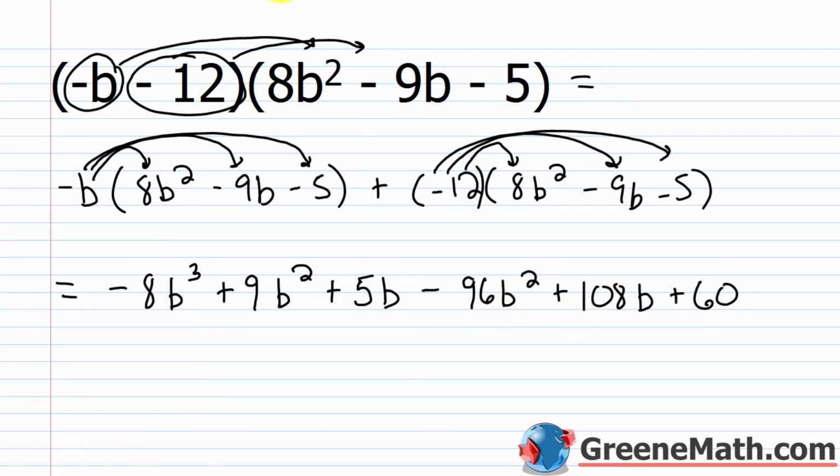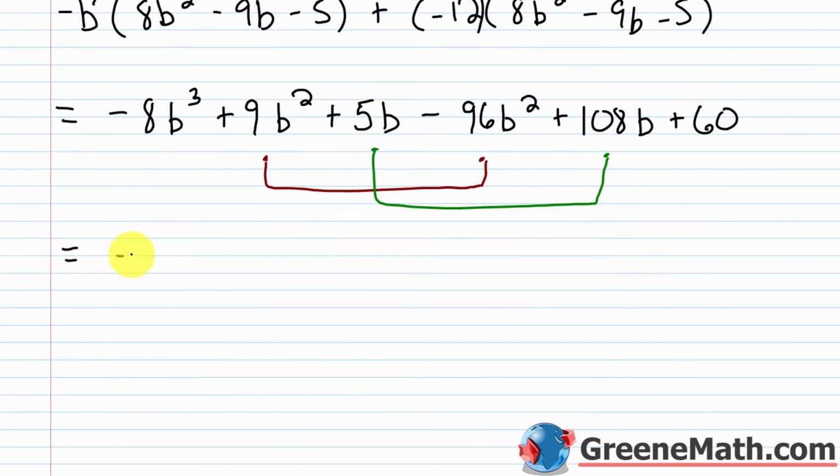So where are my like terms here? Nothing to combine with this one, but I have 9b squared and I have negative 96b squared. Those are like terms. And then I have 5b and I have 108b. Those are like terms. So we want to simplify by combining like terms here before we report our answer. So negative 8b cubed, that's going to stay the same.